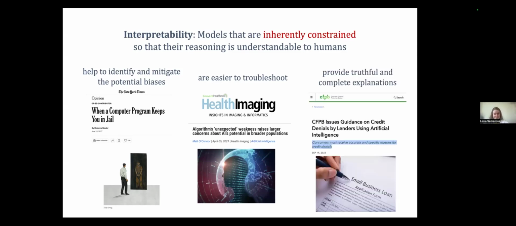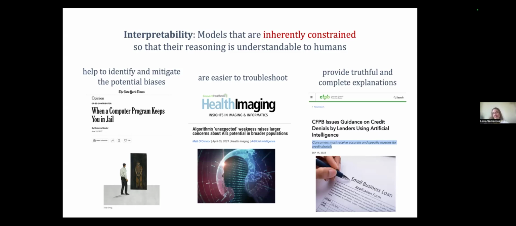Also, interpretable models can provide truthful and complete explanations. For example, under current law, to explain decisions made by different systems, let's say some explanation was provided, and then the customer, who was denied a loan, goes back home, within some time is able to improve on that reason, comes back and is denied again, but for a different reason.